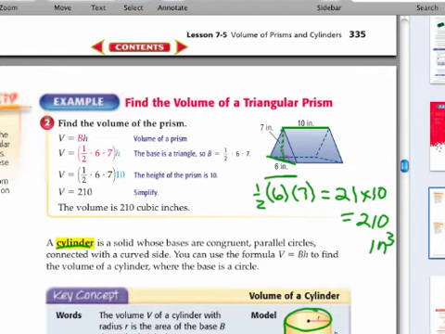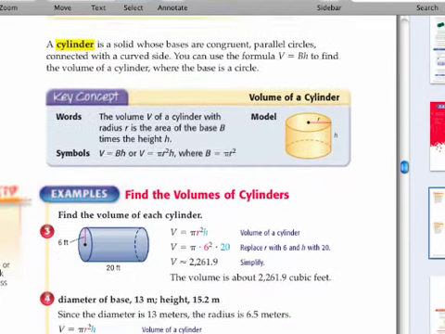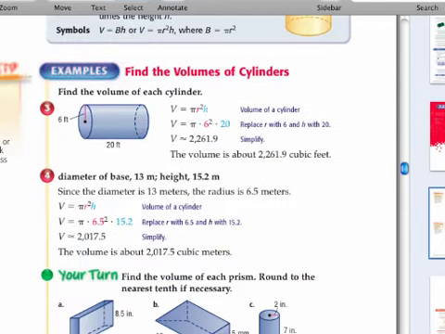So let's take a look at an example here. It says find the volume of this cylinder. We know that the radius is 6 feet. This is my height. So I can do pi r squared to find the circle.